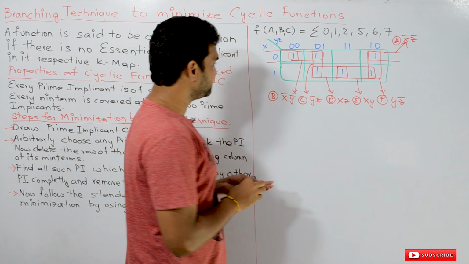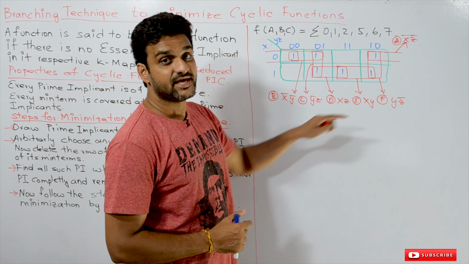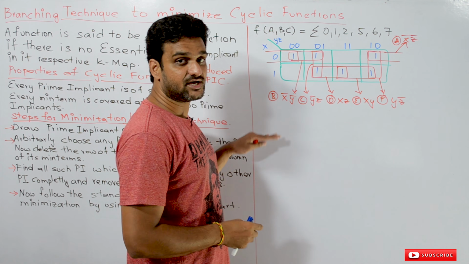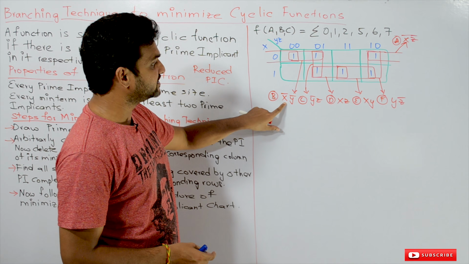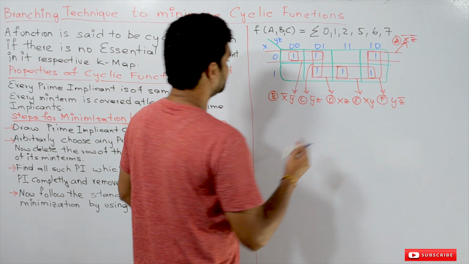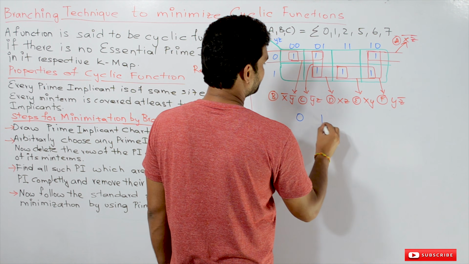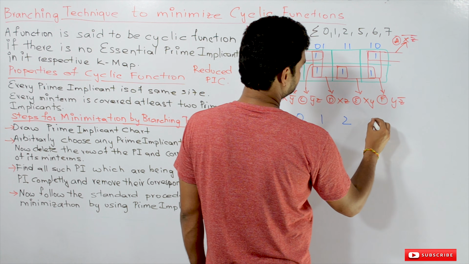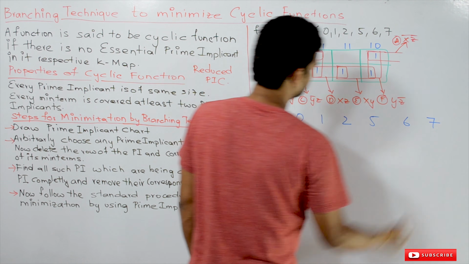How to draw the prime implicant chart? We have to take all the minterms as columns, each minterm as a column, and each prime implicant term as a row. So now the columns are 0, 1, 2, 5, 6, 7.